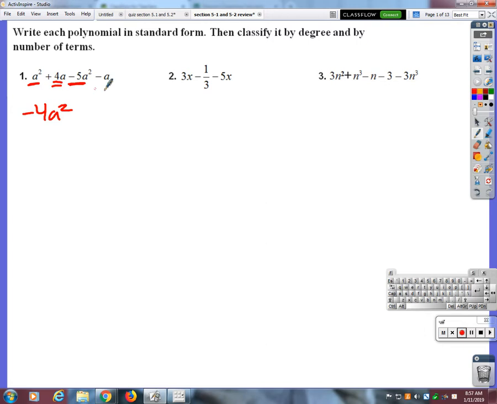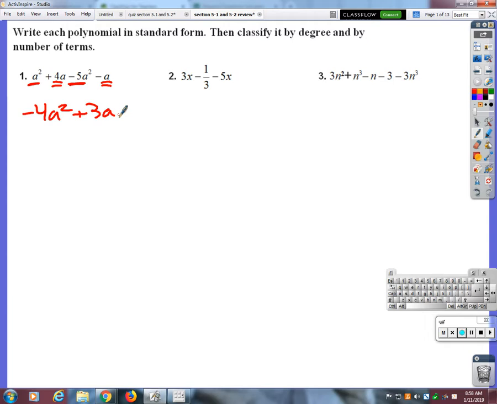And then you can do the same thing with the a terms. If I have 4a minus a, how many a's do I have? No, this is positive 4, that's minus 1. So if I have 4 of something and I take one of them away, then I've got 3 left, okay? All right, so the highest exponent is 2.